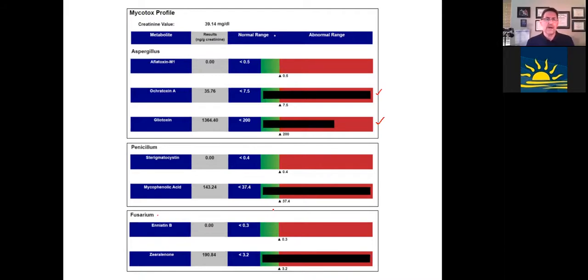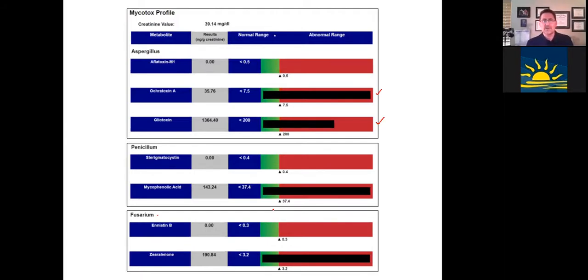So the point about these mycotoxins is that when you want to evaluate for mycotoxins, you need to do the mycotoxin test. Don't assume that the mycotoxins are going to be normal just because the mold markers on the organic acid test are normal. What the markers on the organic acid test are telling you with regards to mold is that the person was mold exposed and the mold is colonizing within the digestive system.